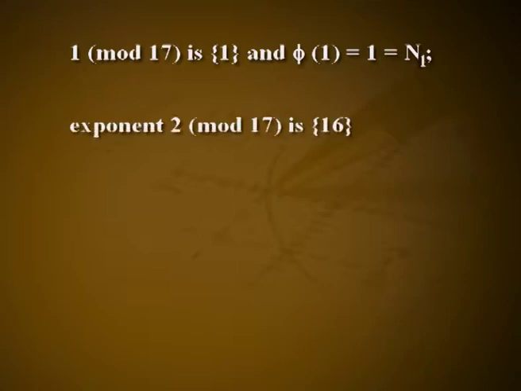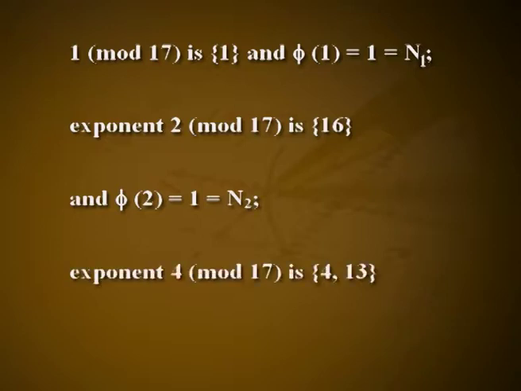Exponent 2 mod 17 is the set {16}, and phi of 2 is equal to 1, which is equal to n2. Exponent 4 mod 17 is the set {4, 13}, and phi of 4 is equal to 2, which is equal to n4. Exponent 8 mod 17 is the set {2, 8, 9, 15}, and phi of 8 is equal to 4, which is equal to n8.